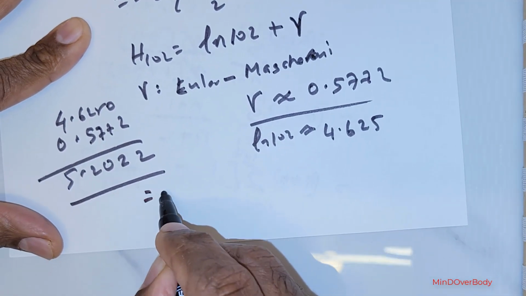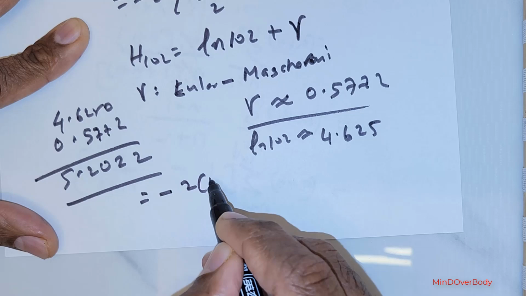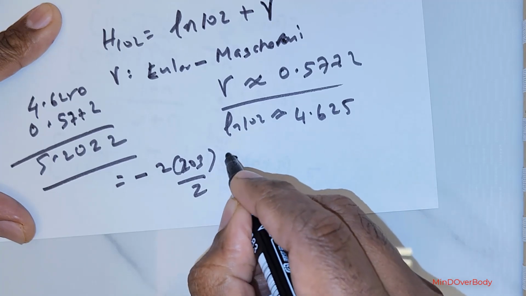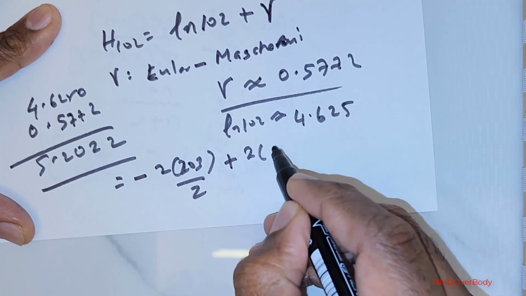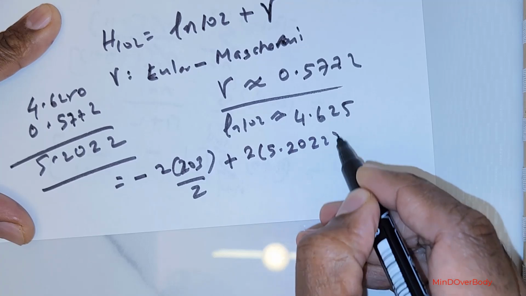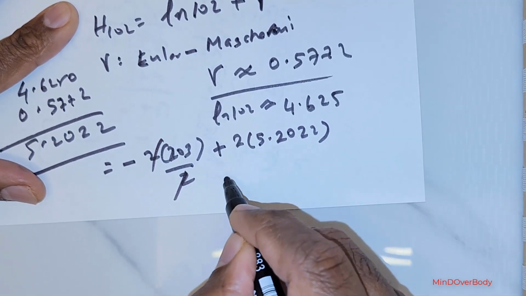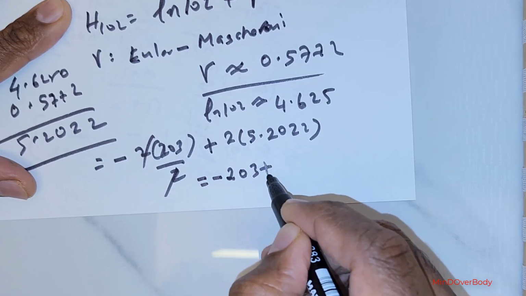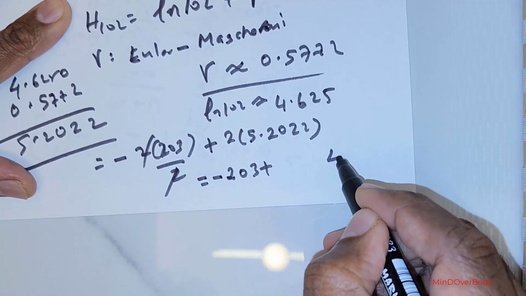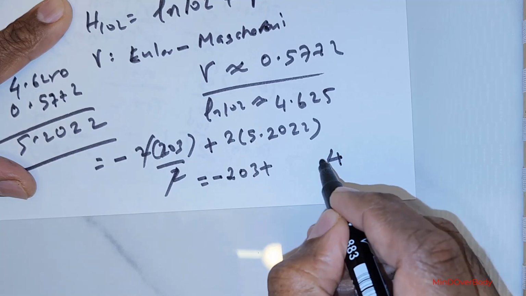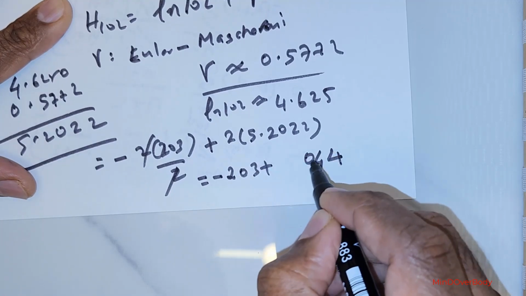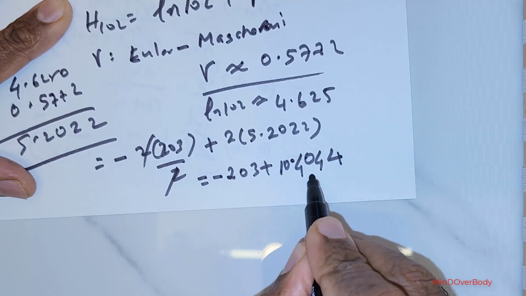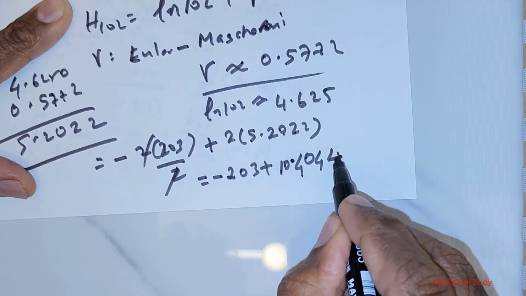So this is going to be equal to negative 2 times 203 divided by 2, and minus 2 times 5.2022. The 2 gets cancelled, and over here you get negative 203, and you multiply, 2 times 5.2022, you get 10.4044.